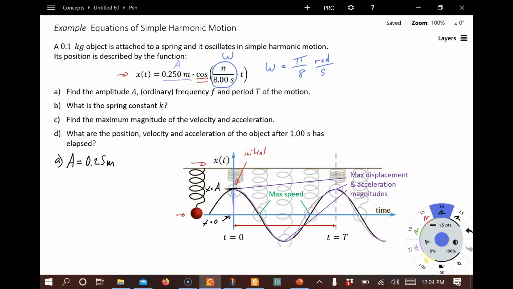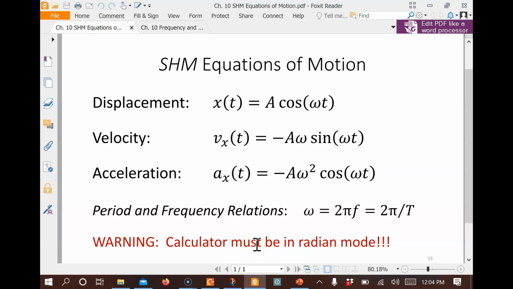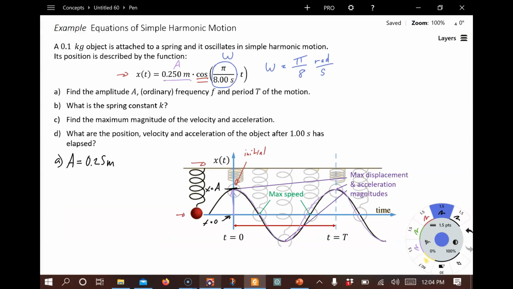And now we want to figure out what f is. The f is what we call the ordinary frequency. If we go back to the equations, we can see there's a relationship between the period and the frequency. Omega is equal to 2 pi f, and it's also equal to 2 pi over T. So solving for f, we find that f is equal to omega over 2 pi.